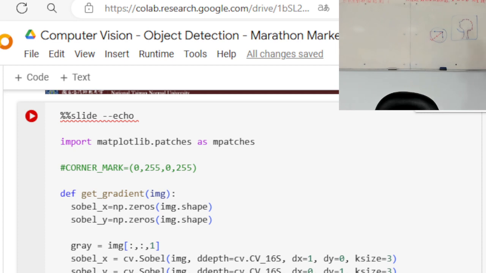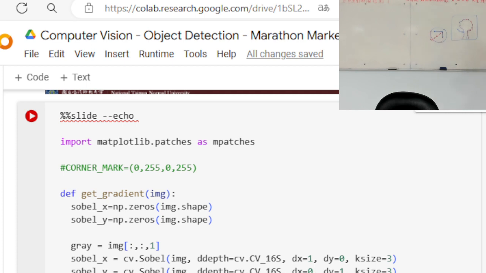So the actual length of this vector, the magnitude of the gradient, can change quite a bit, but the direction shouldn't change that much, right? Because if the marker is in the shadow, all of the gradients are going to be smaller, lower, right? All the responses are going to be lower, but the direction should be the same.